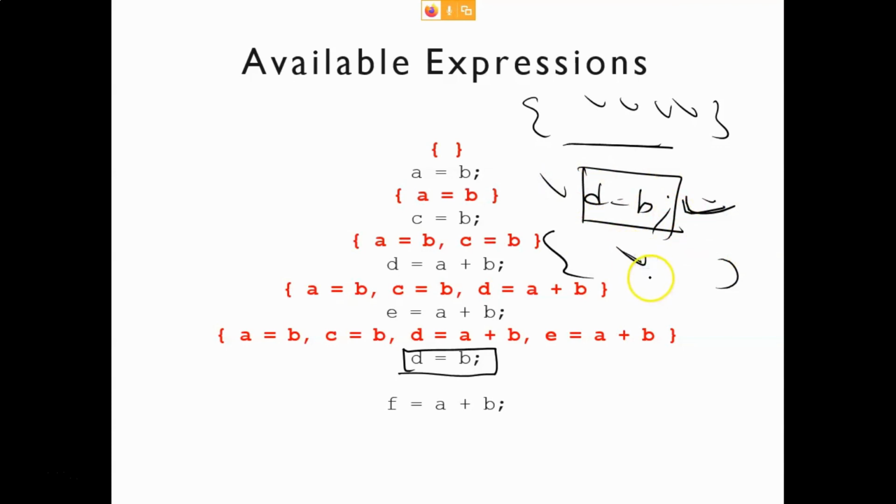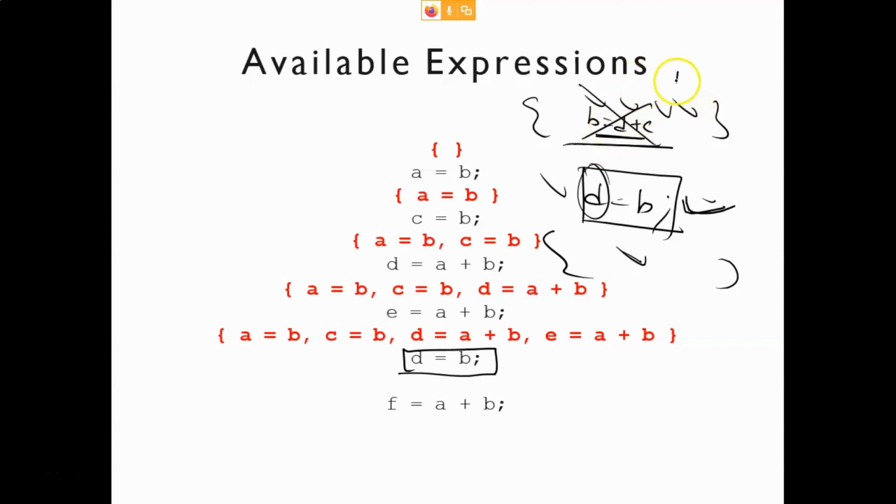So you include it, but remove those expressions which include D. If there is an expression which includes D, for example, let's assume there is this type of expression also, then you can remove this also, because now the value of D has changed.